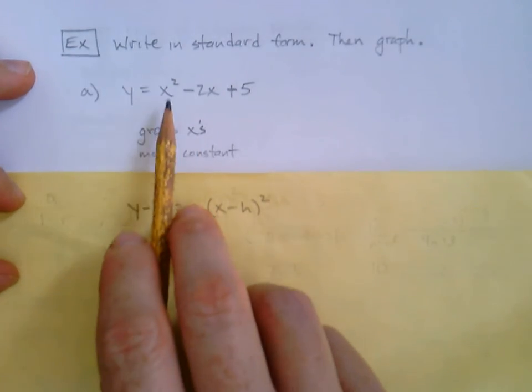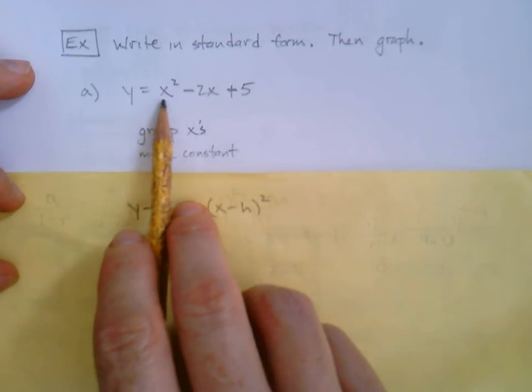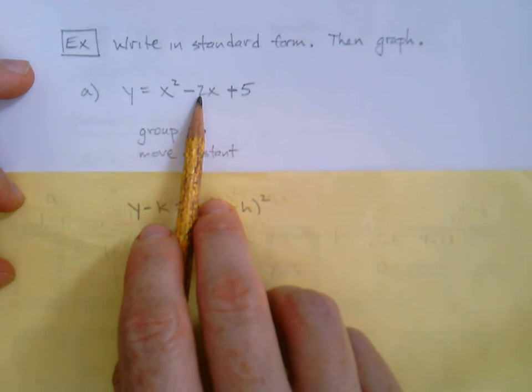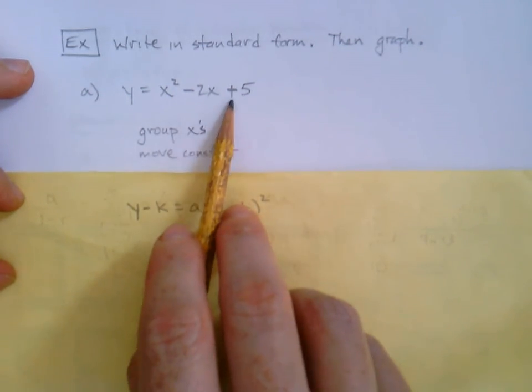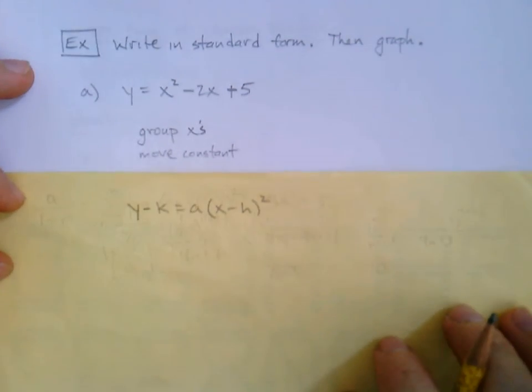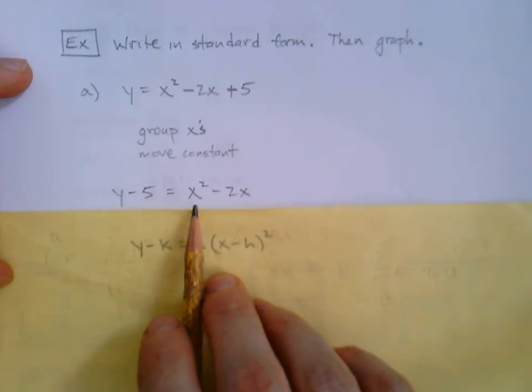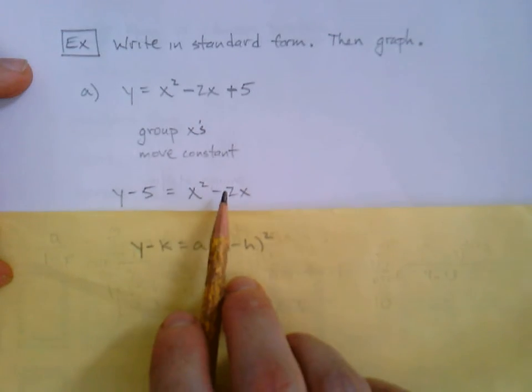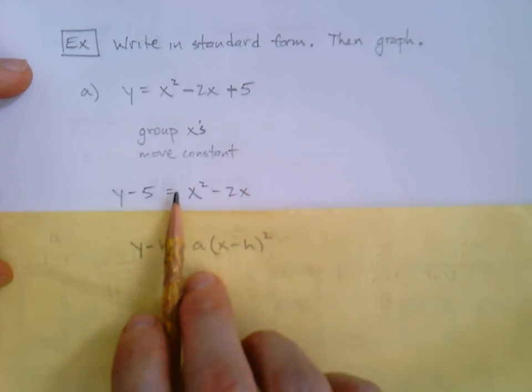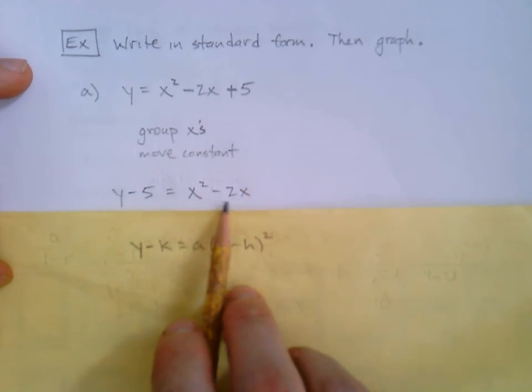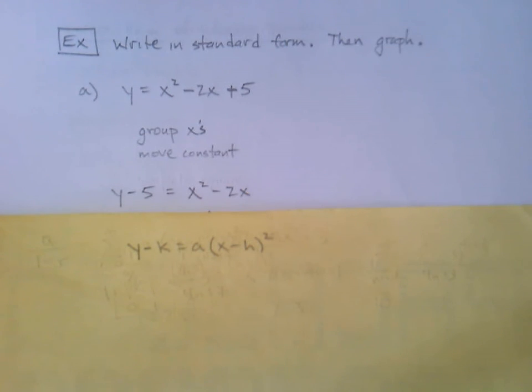Really, what that means here, we're just going to keep them here on the right side. We're going to move the constant. That's really the only thing to do at the beginning. So we've moved the constant, and there's our grouping. We don't need parentheses here since they are the only thing on that side.